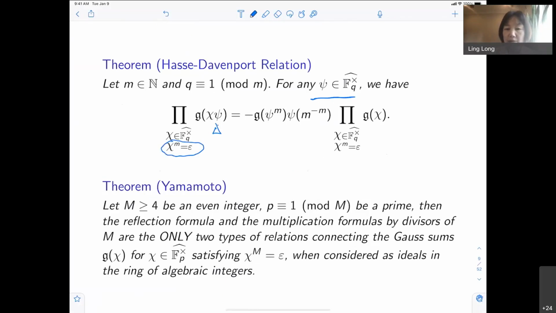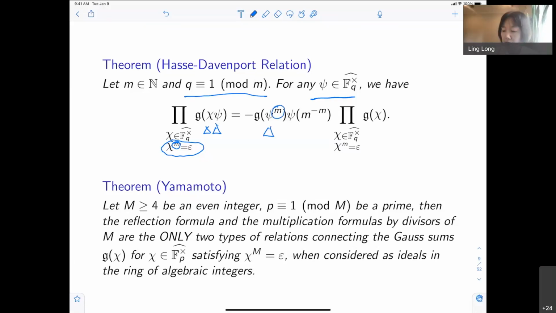These are all the multiplicative characters whose orders are divisors of this fixed number m, and the assumption is that the size of the finite field is 1 modulo m. So you do have m of those multiplicative characters. If you rotate your psi with chi, over all different choices of chi, what you get will be this side raised to the power.